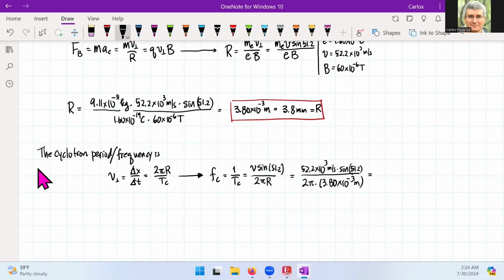And when I compute that number, I'm going to get 1.67 times 10 to the 6 hertz. And that's my cyclotron frequency.